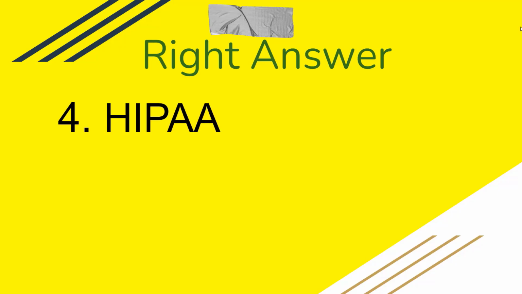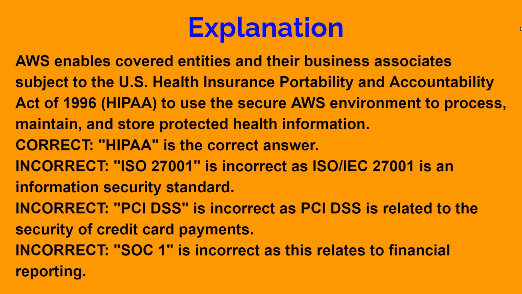Right answer is 4. HIPAA. Explanation. AWS enables covered entities and their business associates subject to the U.S. Health Insurance Portability and Accountability Act of 1996, HIPAA, to use the secure AWS environment to process, maintain, and store protected health information. Correct. HIPAA is the correct answer.